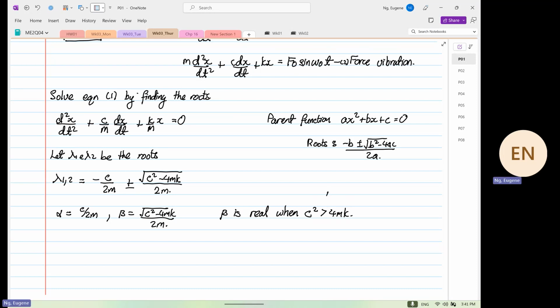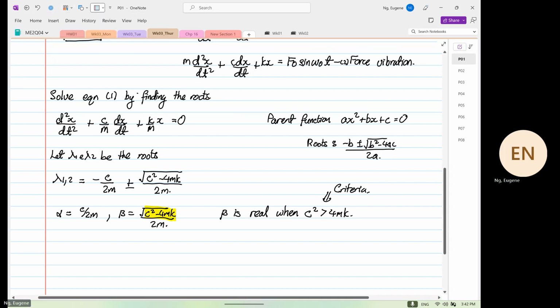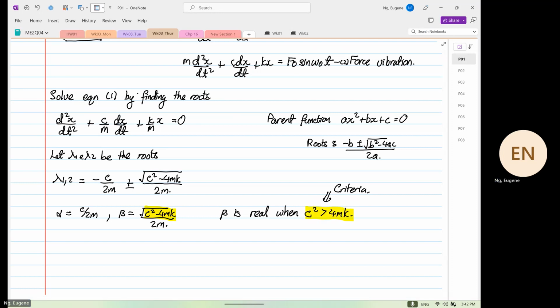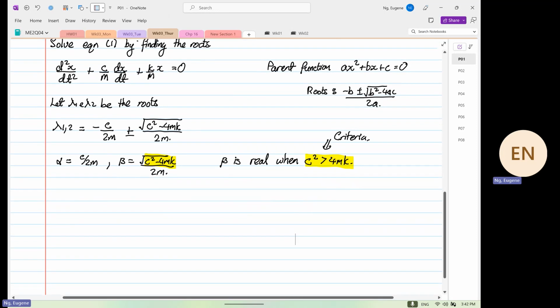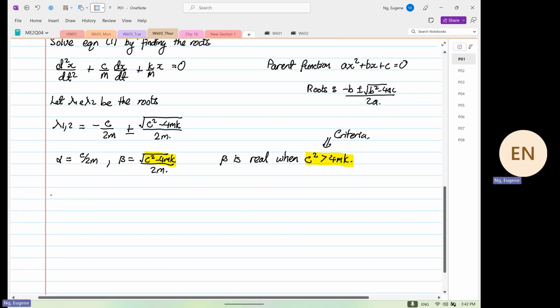So this comes out with our criteria. By looking at this formula over here, this evolved to become our criteria.